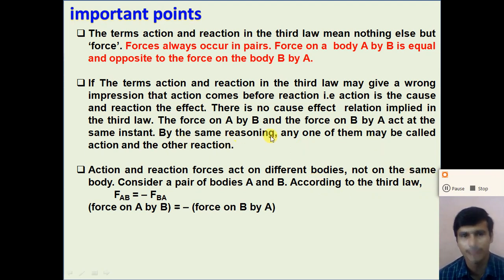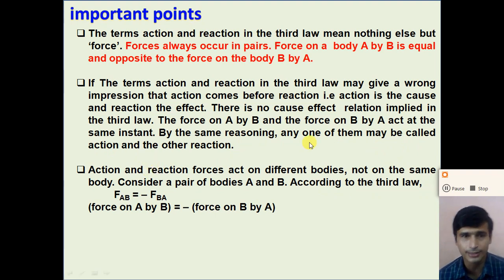By the same reasoning, any one of them may be called the action and the other the reaction. Any one force can be considered the action, and the other force the reaction, right? Understand, dear students?